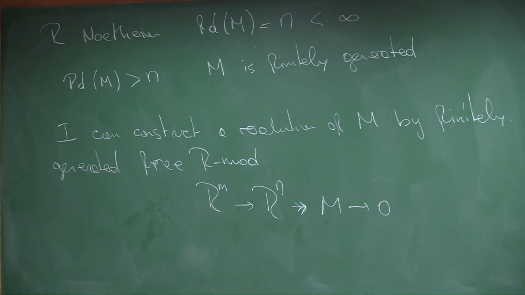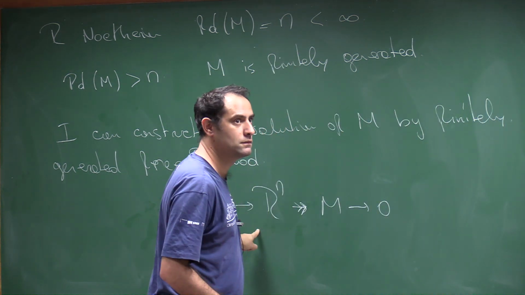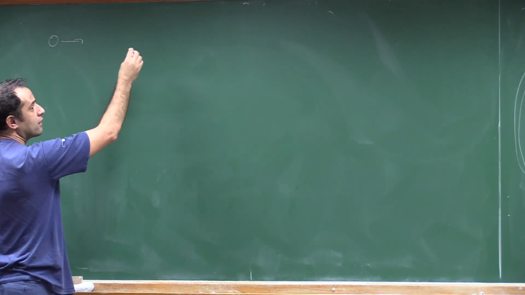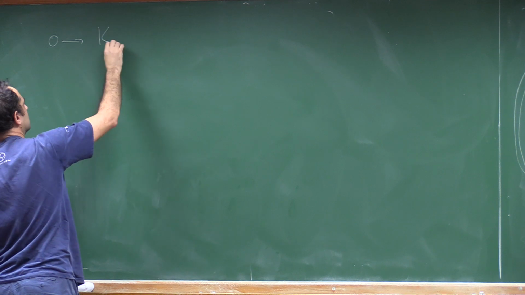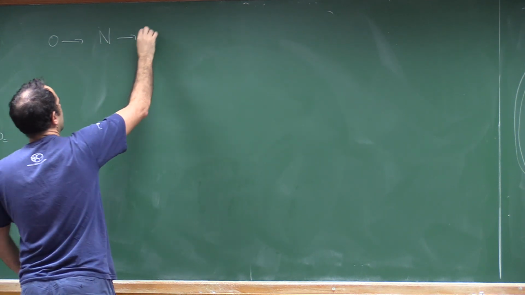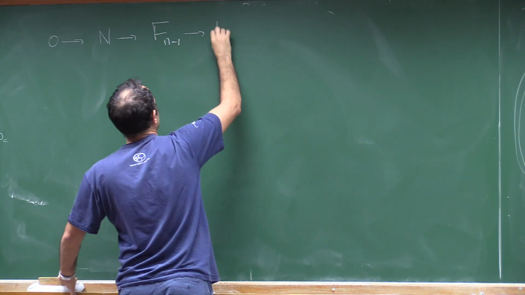But you can stop at n minus 1. Just take the kernel of the last one, call it N. Now you have all these free modules that are also flat.